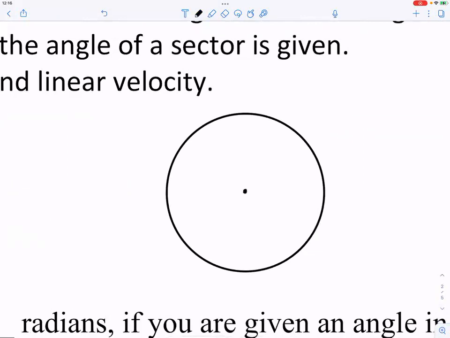A radian is related to radius. A radian is when the arc length is also a radius long. That's one radian.